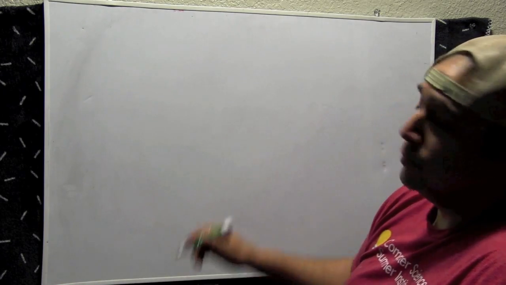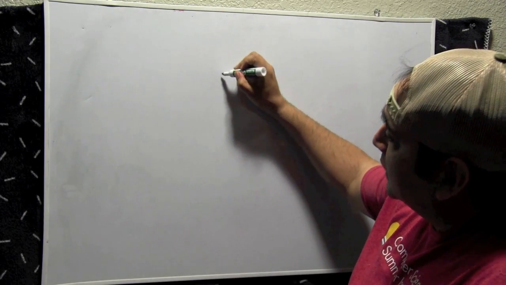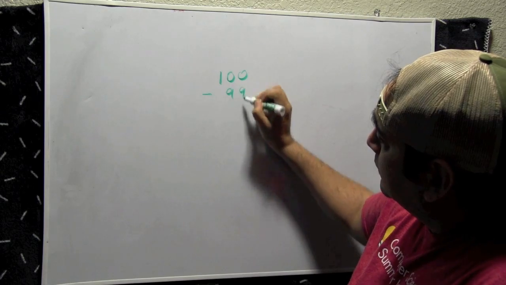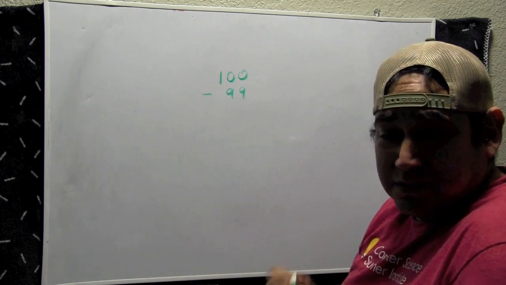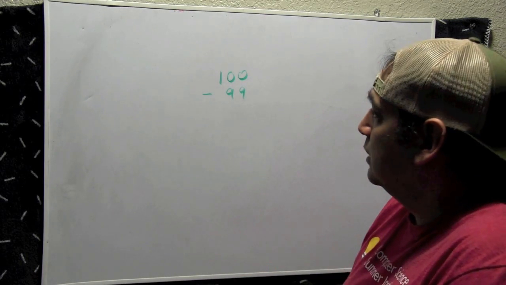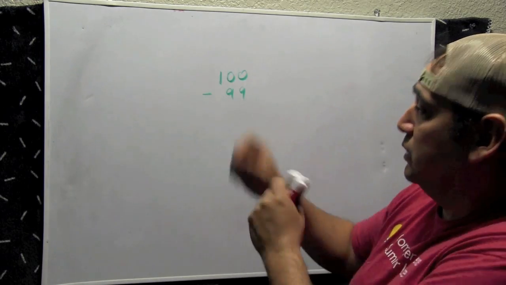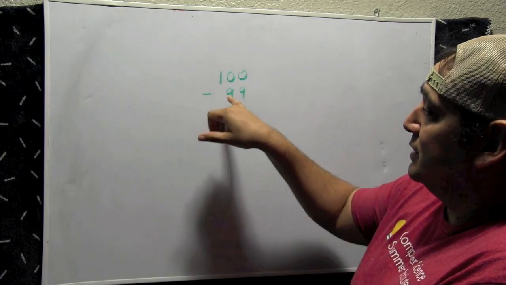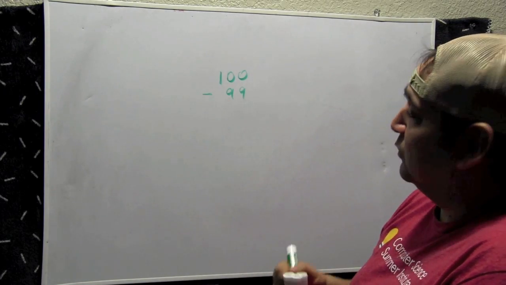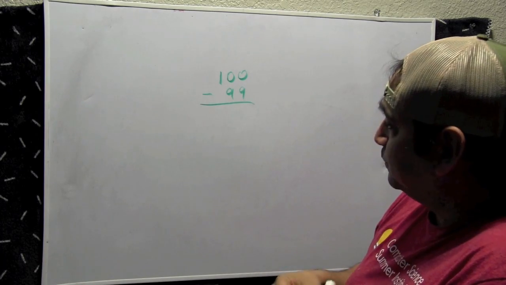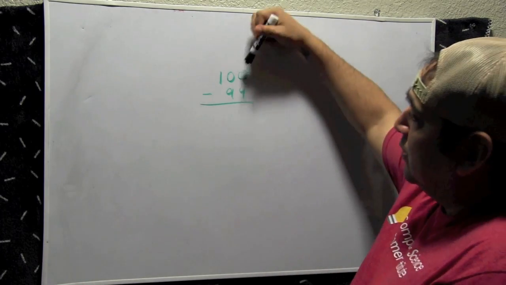Now we're going to subtract 99 from 100. Many of us have trouble with this borrowing, because sometimes we just need to borrow one time and we start doing the problem. But many times, even me, I get confused sometimes. But let me clear this up for you. So we have this 0 right here.